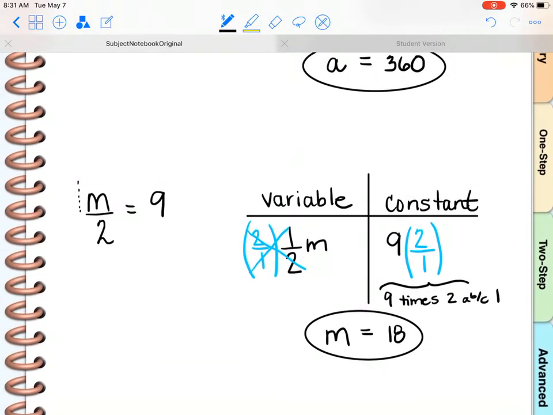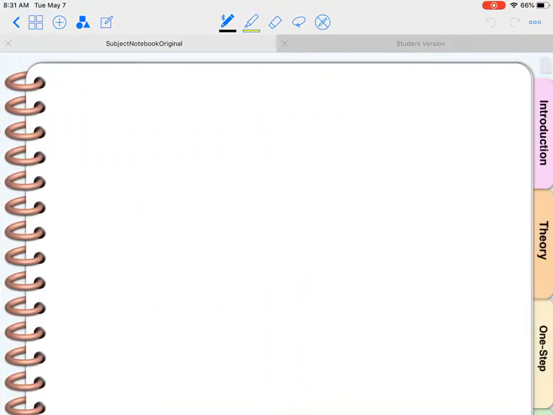And I think I'll go to the next page for the next problem. This one is b divided by 65 equals 845. So let's put the ghost one in there.